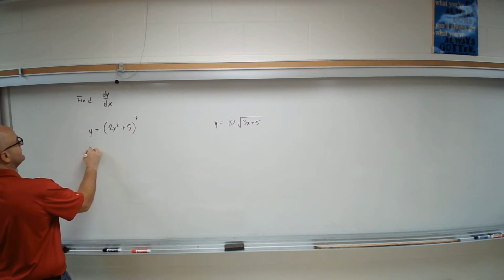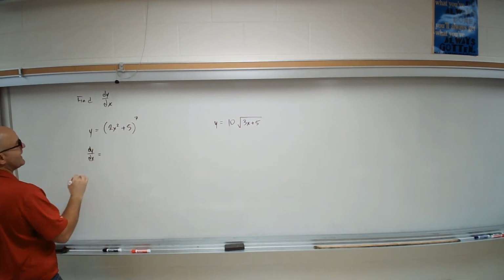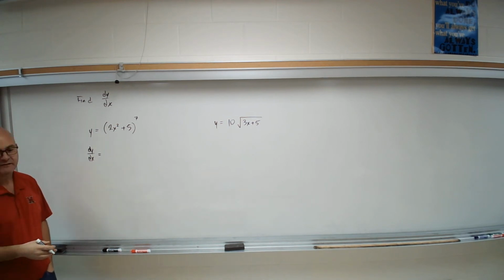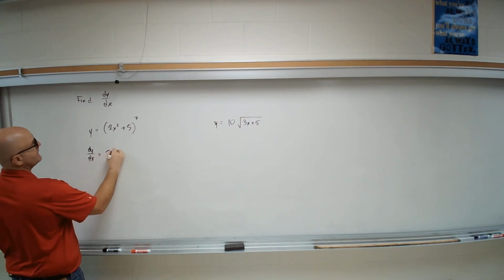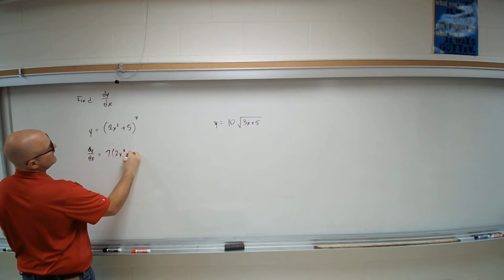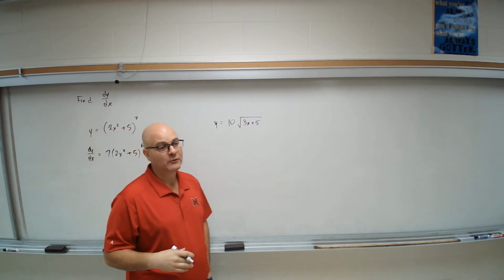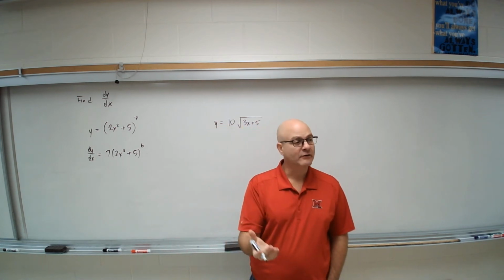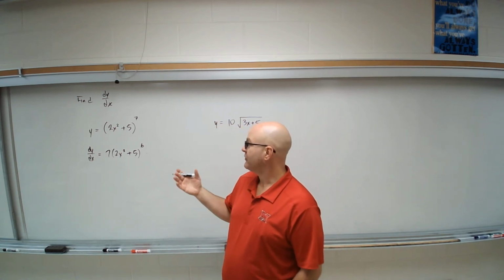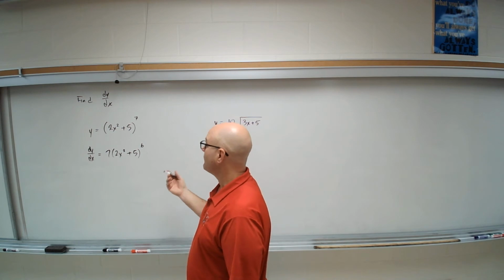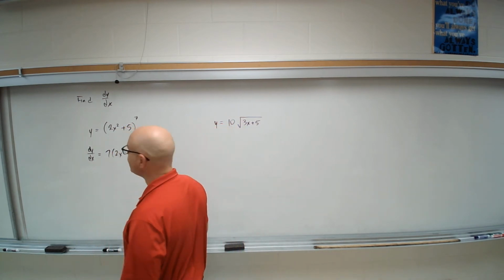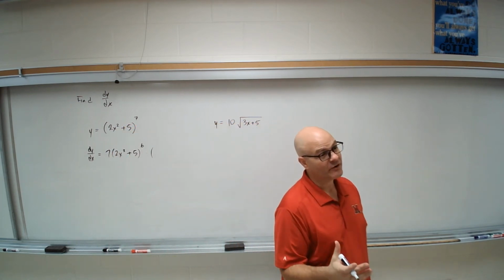So the derivative of y with respect to x, or y prime, that's fine, would be 7 times 2x squared plus 5 to the 6th. And then we're going to take the derivative of the inner function, which is 2x squared plus 5. I'm going to put that in a parenthesis because a lot of times you'll get a couple terms. Here we don't.